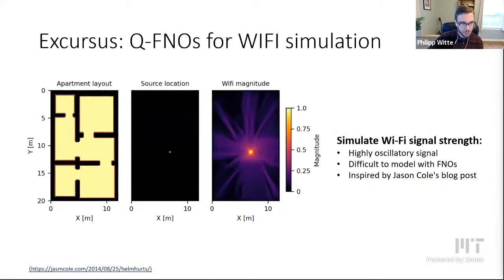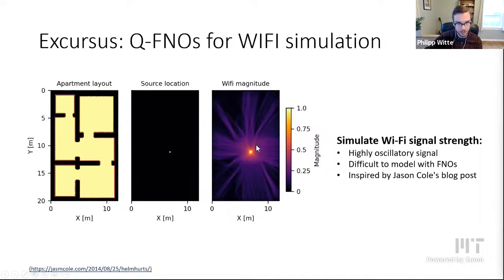Okay, so this may be just a quick excursus. Before actually going to the CO2 example, we applied this network formulation to a somewhat different problem type, which was interesting for us because it's a very complex problem for neural networks to capture, where you try to fit or simulate the Wi-Fi response.